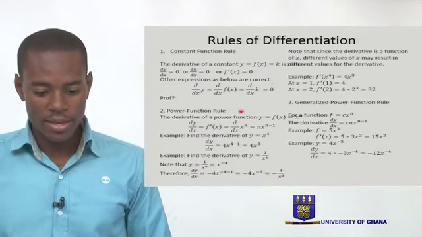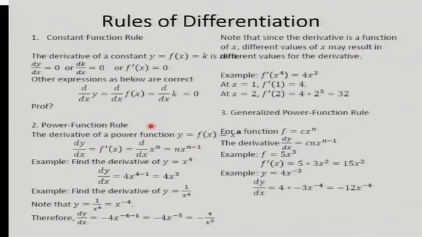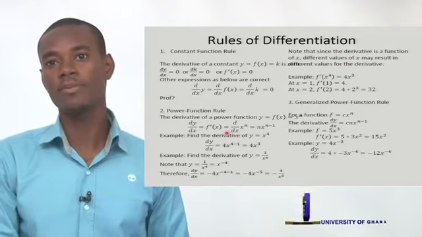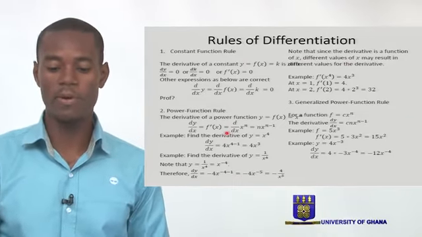The other one here is the power function rule. If you have a function that has certain exponents, let's say y equals x to the power n. If I want to differentiate a function like that, it's a basic rule. It says take the power of the function, bring it to the front of the variable, and then knock down the power by 1, or reduce the power by 1.